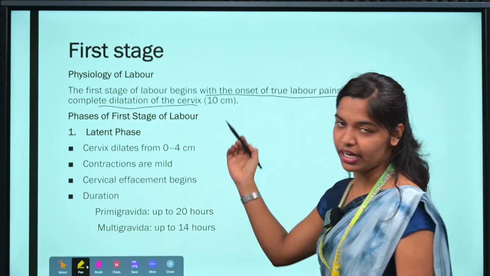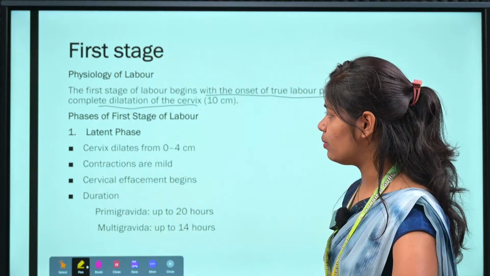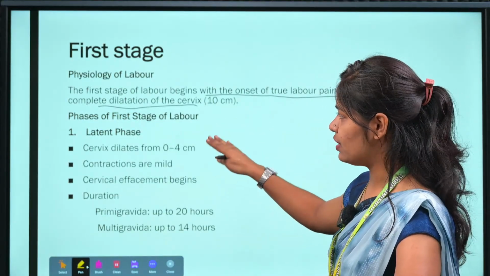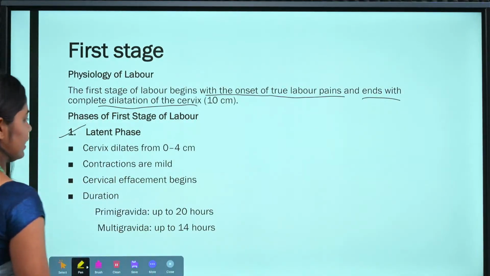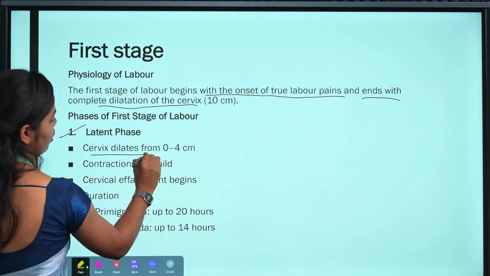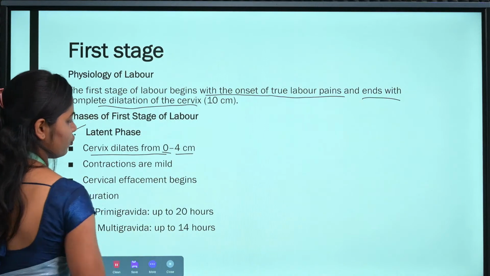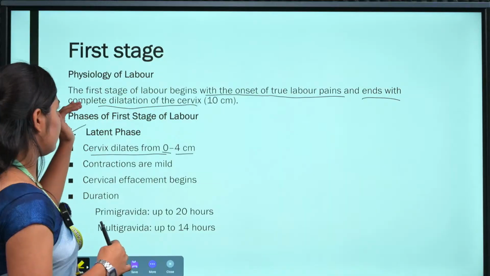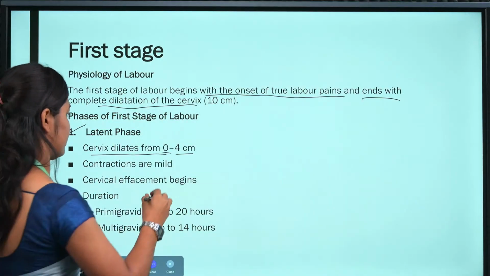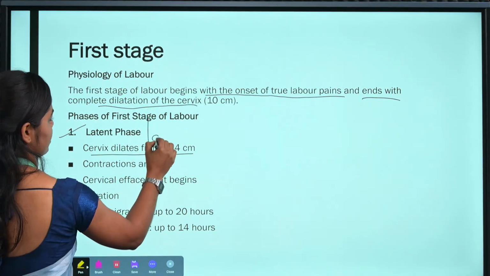I already explained this in the stages of normal labor. In this, again, the phases of the first stage of labor are the latent phase and the active phase. The latent phase, here the cervix dilates from 0 to 4 centimeters. In the first stage, it is dilatation. It is also called the dilatation stage.